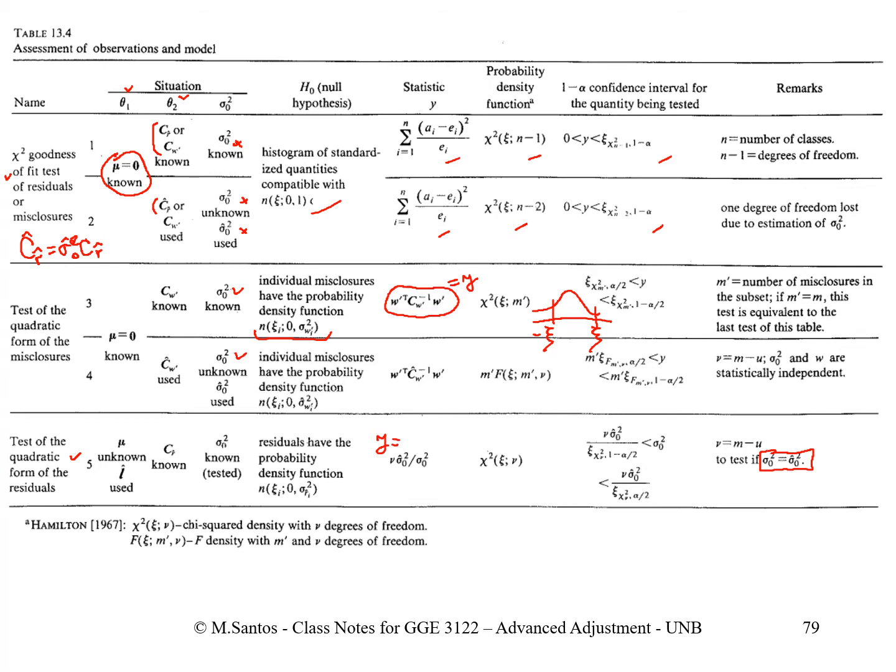But we are reformulating it in such a way that we test whether the a priori variance factor lies within an interval that is a function of the degrees of freedom, a function of the a posteriori variance factor, and a function of the value that we draw from the chi-square distribution. And again, the null hypothesis is that the residuals have a normal PDF.